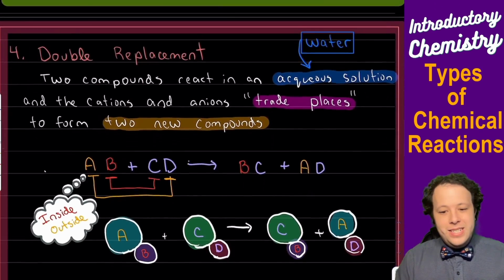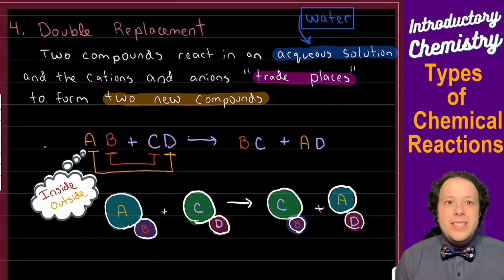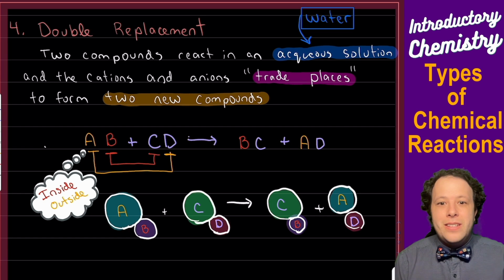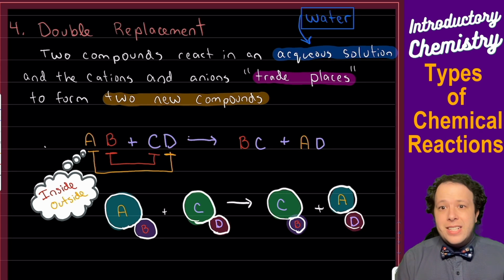The next one is double replacement. With double replacement, the entire idea is that we have two compounds reacting in an aqueous solution. Whenever I say aqueous, that means that we have generally an ionic species that is in an aqueous solution, so it has water around it.